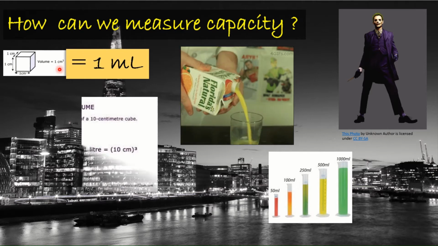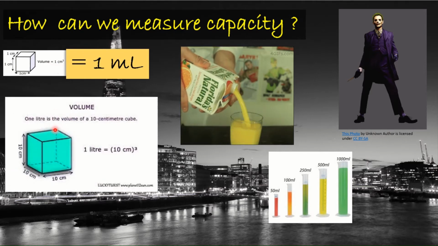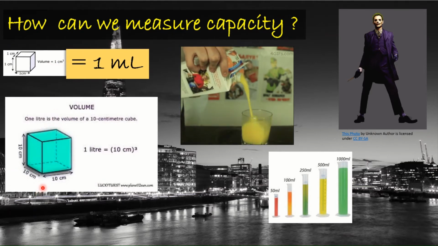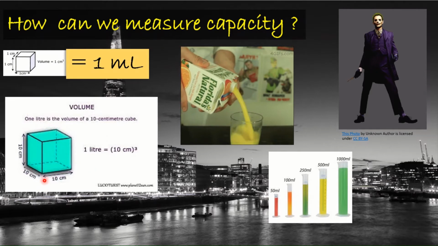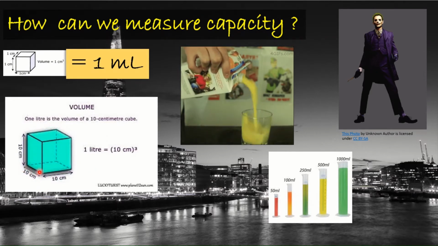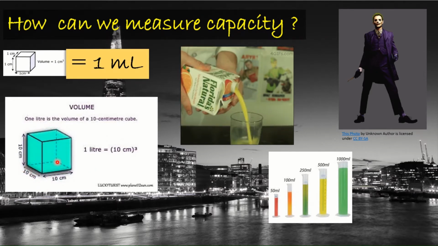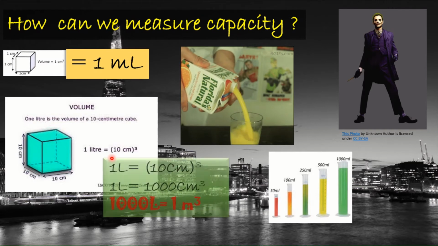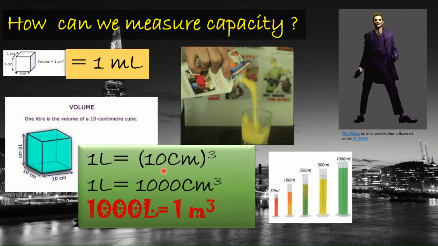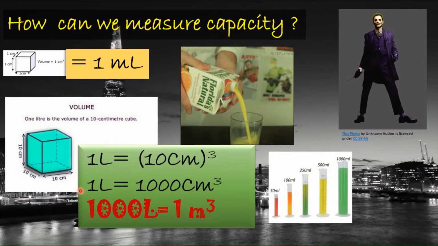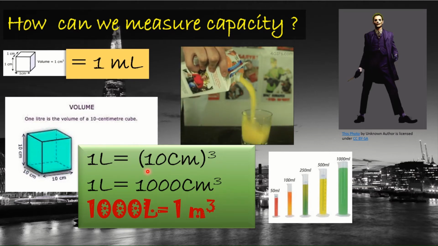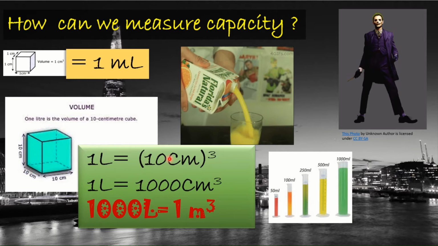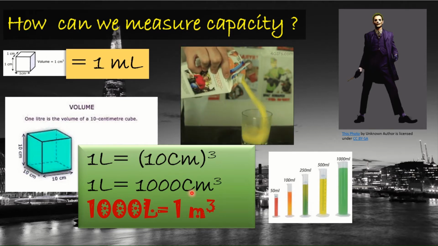Let's relate 1 liter also. For that, you imagine a little bigger cube with 10 centimeter length, 10 centimeter breadth, and 10 centimeter height. So the amount this cube holds is equal to 1 liter. How can you write and relate? 1 liter is equal to 10 centimeter cube, or 1 liter is equal to 1000 centimeter cube. So 10 centimeters inside the bracket, when it comes out, it becomes 1000.